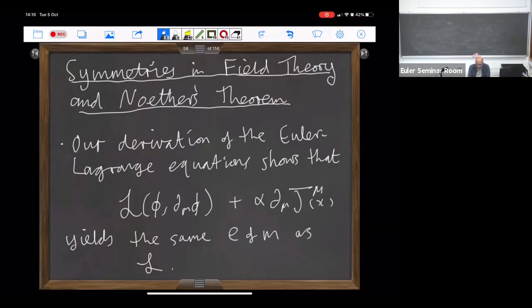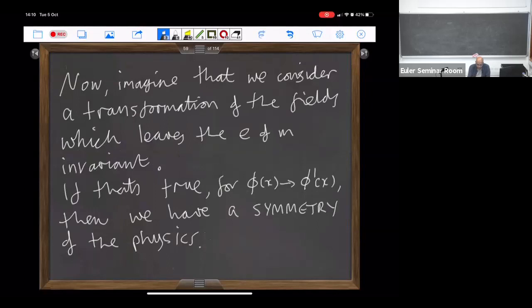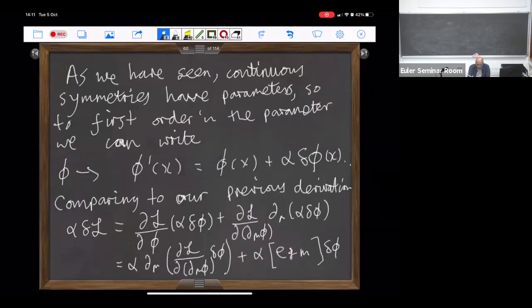If this total derivative term is 0, even though J mu may be non-zero, then we have a symmetry in the system, and we'll have a corresponding conserved quantity. So that's what I'm saying on this slide here.